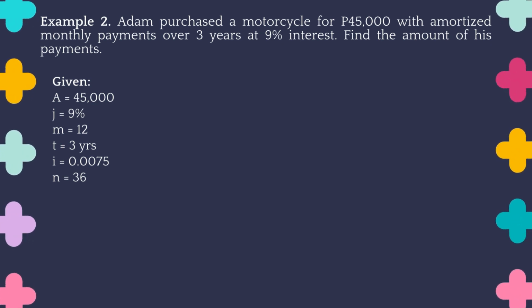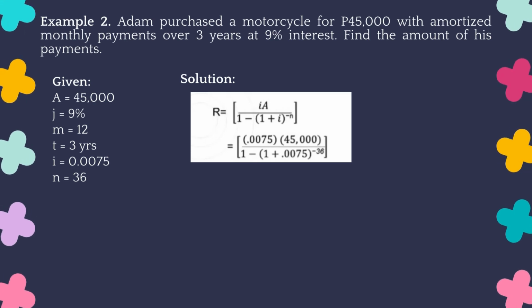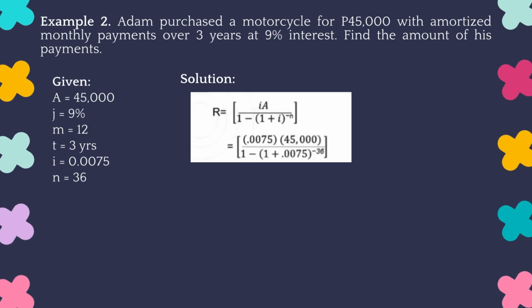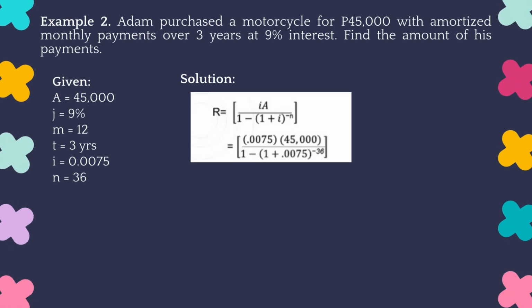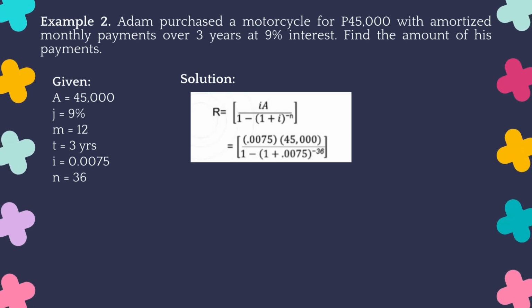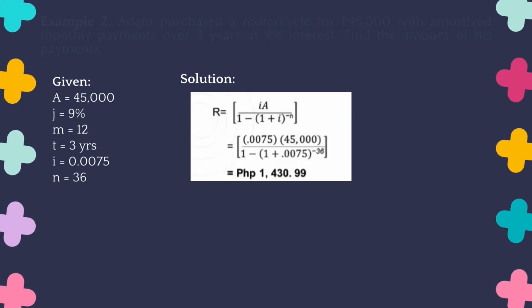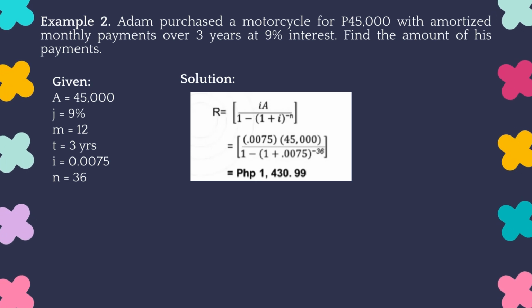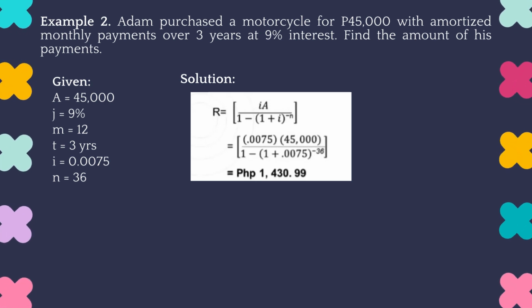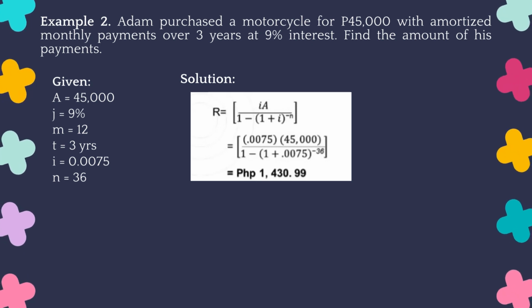So using the same formula, that would be R equals 0.0075 times 45,000 over 1 minus open parenthesis 1 plus 0.0075 with the power of negative 36. That would be equal to 1,430.99. So, mao na siya ang monthly payment ni Adam within 3 years with 9% of interest rate.